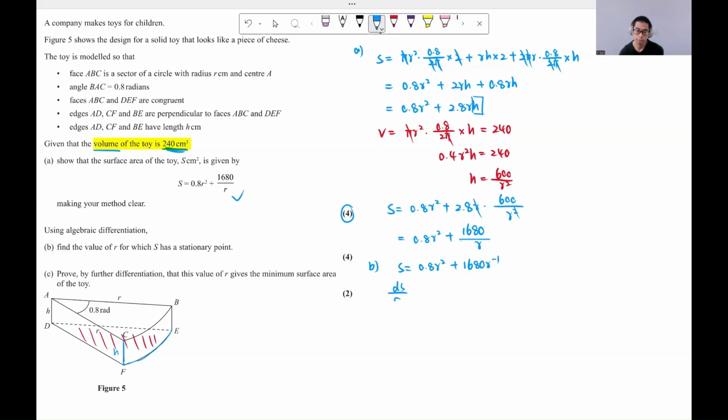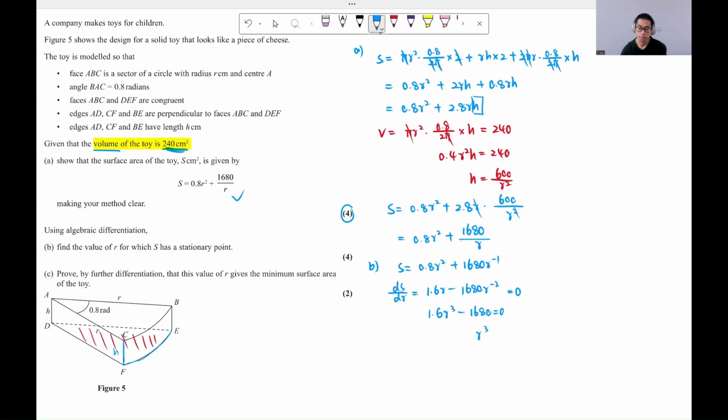Then ds over dr is equal to 1.6 r minus 1680 r to the power negative 2. To find the stationary point, we just let the derivative equal to 0 and solve it. So times both sides by r squared, and then I will have 1.6 r cubed minus 1680 equal to 0, because the r to the power -2 times r squared just cancelled.